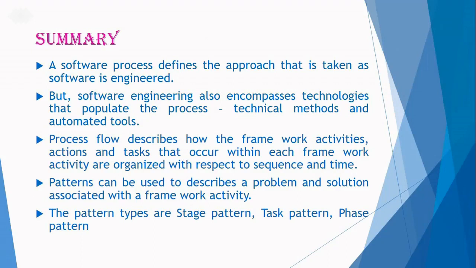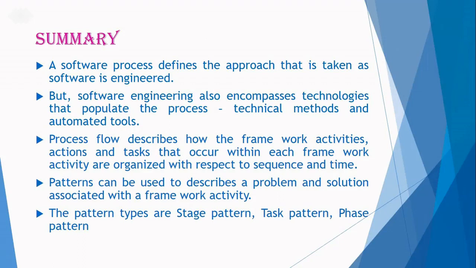The different types of process flows are: a linear process flow executes each of the 5 framework activities in sequence. The second one is the iterative process flow, which repeats one or more of the activities before proceeding to the next activity.